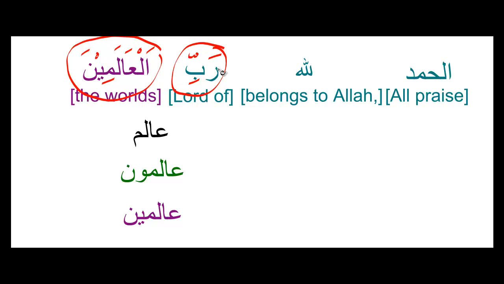And what that means is that Rabb cannot take an alif lam, and al-alamin takes an alif lam, and on top of that it takes a kasra. So now Rabb has a kasra because of Allah, and al-alamin has a kasra because it's the mudaf ilay of Rabb.